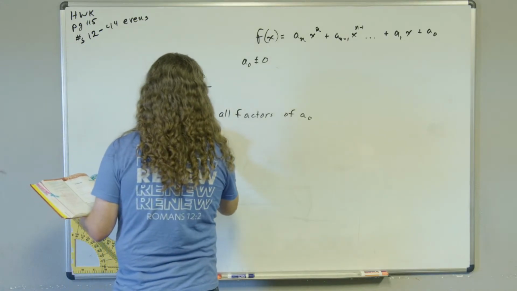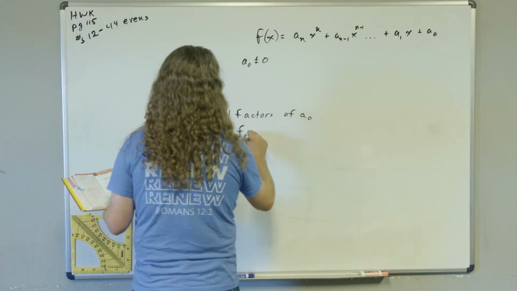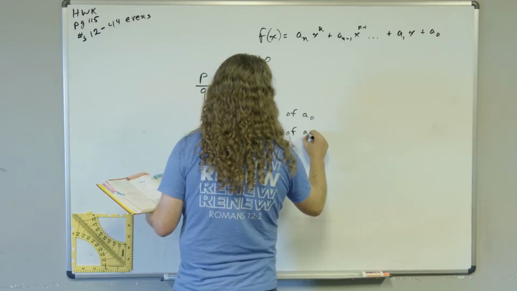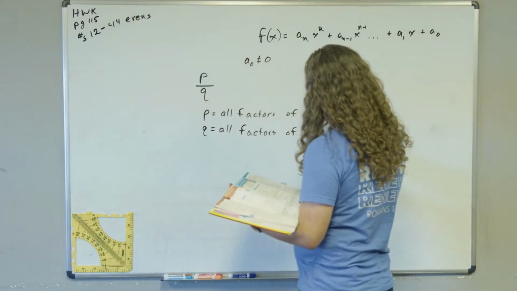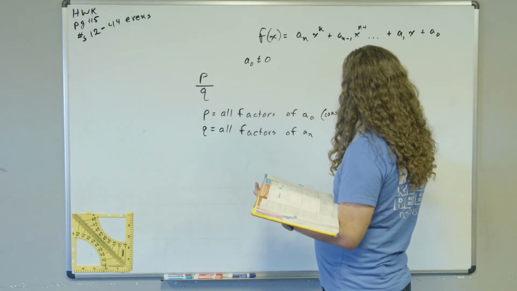Q is all factors of a sub n. Now, a naught is the constant, the one that doesn't have an x, the last term.